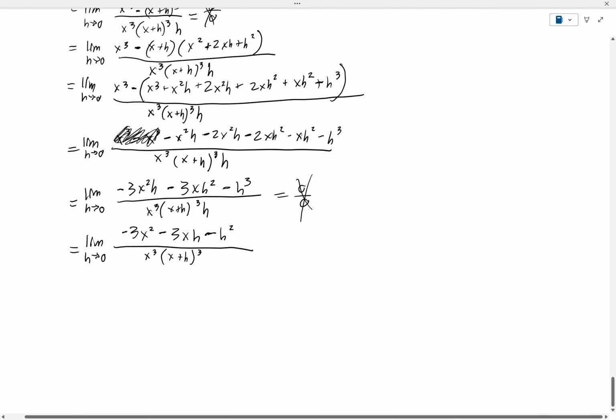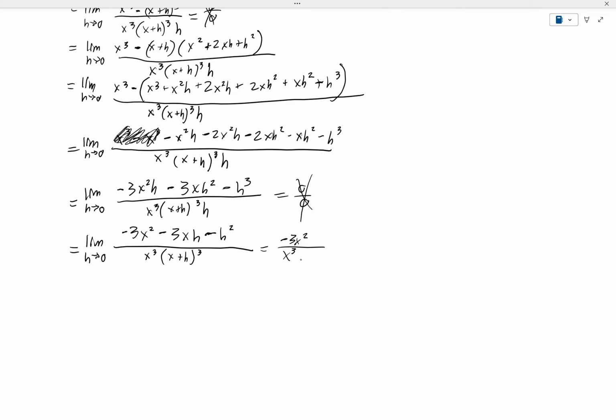Okay, how about we try to plug in 0 for h now? See what happens. We get negative 3x squared. This term becomes 0. This term becomes 0. That's easy. How about the denominator? Well, we've got a factor of x to the third, and if you put 0 in right here, this thing also becomes x to the third. So you just use the exponent rules right here.